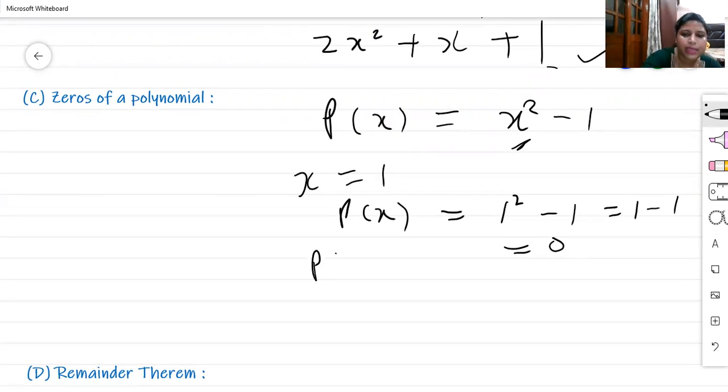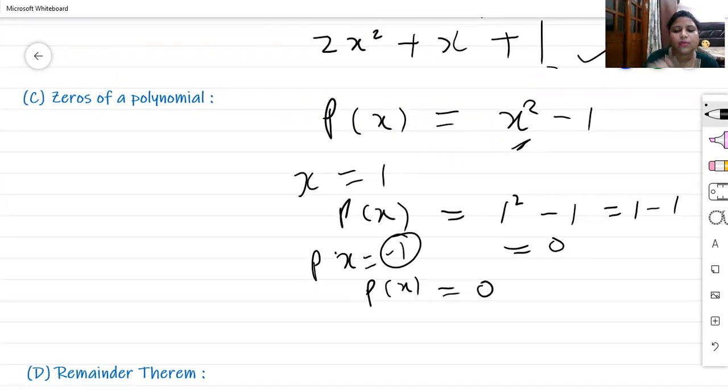Let us consider an example, p(x) equals x square minus 1. If we put x equals 1, then p(1) equals 1 square minus 1, which is 1 minus 1, equal to 0. If we put x equals minus 1, then we also get p(x) equal to 0. So in this example, 1 and minus 1 are the zeros of the polynomial.